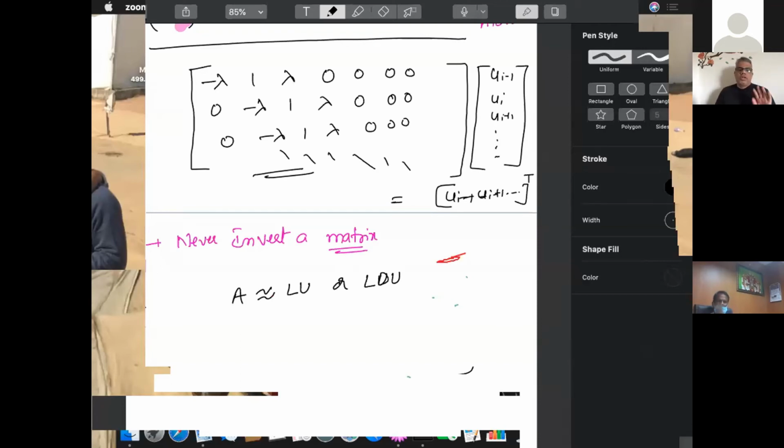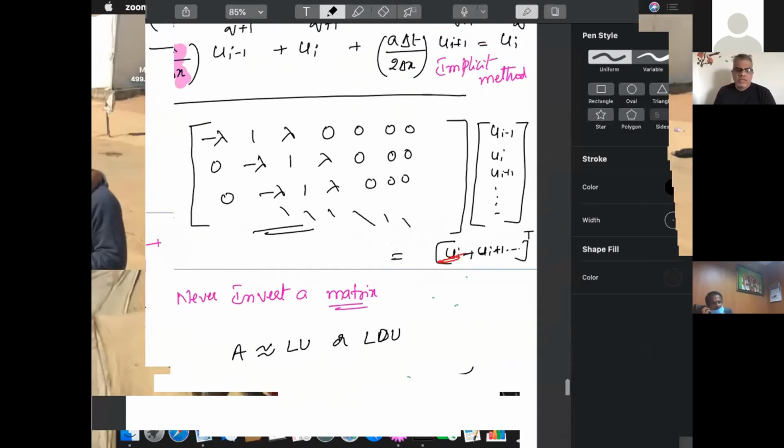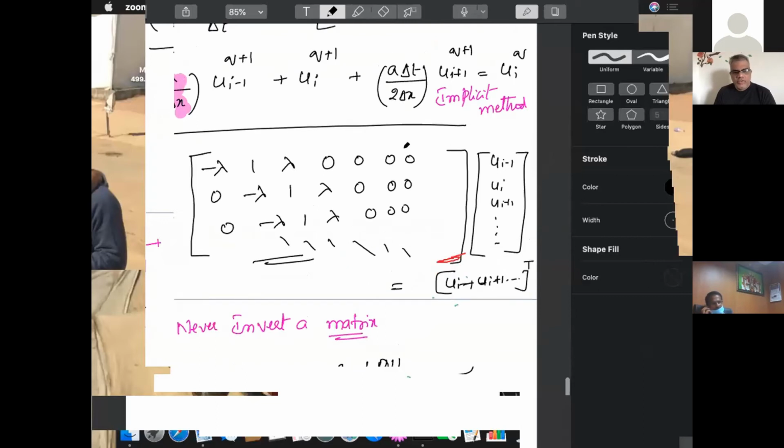So they generally don't invert the matrices. They solve using lower-upper factorization, or some sort of factorization in solving the system. When you use such a system, the method is called an implicit method.